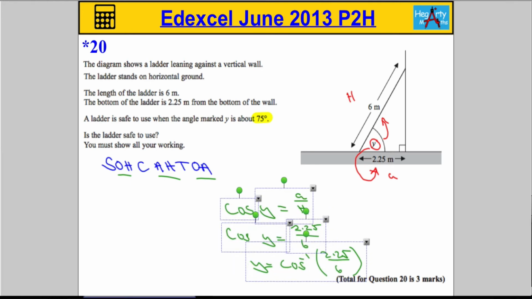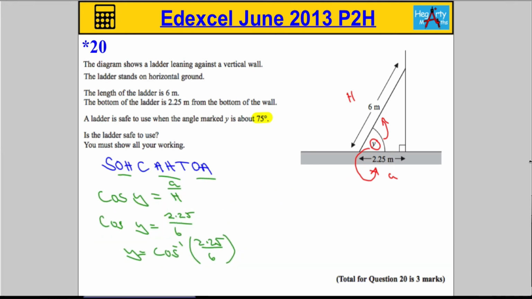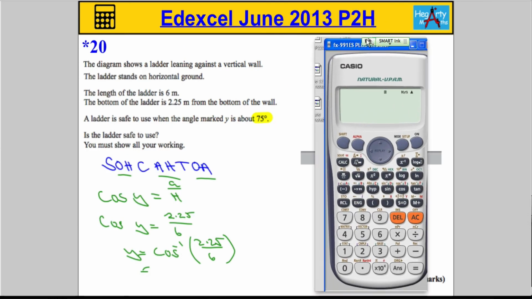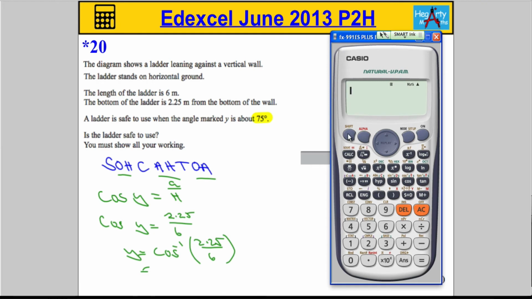Let's just move this over, so shifting that over here. And we're going to take out the calculator now and see how that works out for us. So you hit shift and then cos, which is going to give us this inverse cosine. It's a fraction, so 2.25 over the 6.